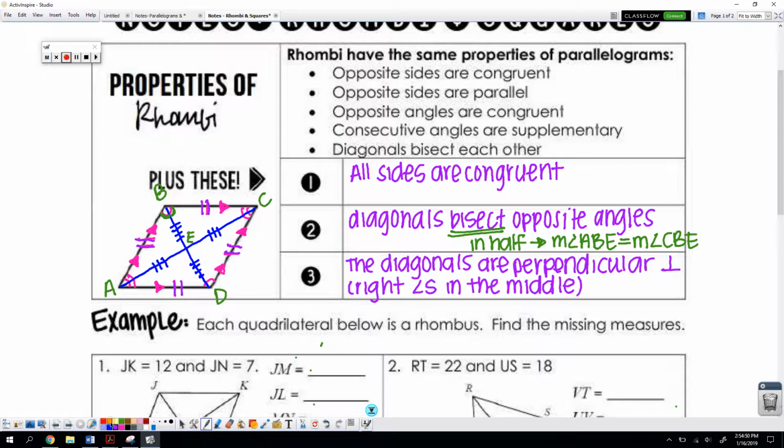I'll do those in orange so we can see them a little better. So you have a right angle right here, right here, and right here. Which means we have 4 itty-bitty triangles, and they're all right. So we have right triangles. For example, triangle ABE is a right triangle.